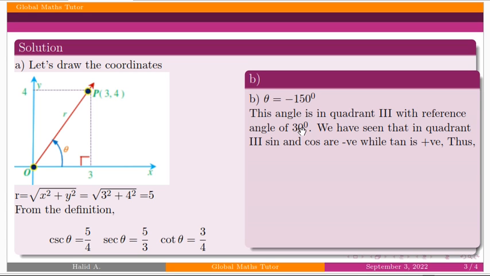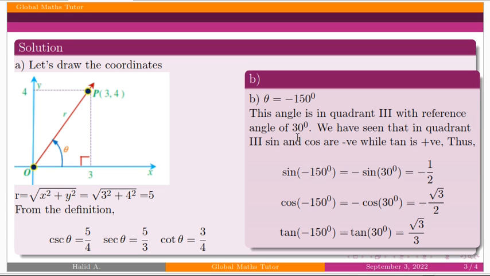So the reference angle is 30. It means finding sine, cos and tan for minus 150 is the same as finding them for 30 degrees, and the sign is determined from the quadrant. So in quadrant 3, negative values are taken for sine and cos, and tan will be positive.